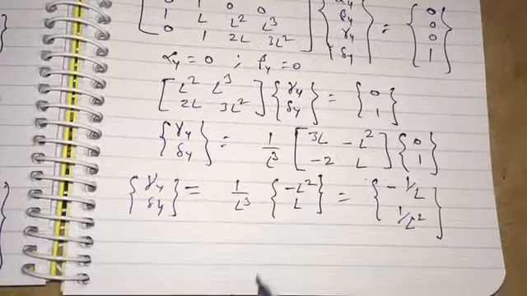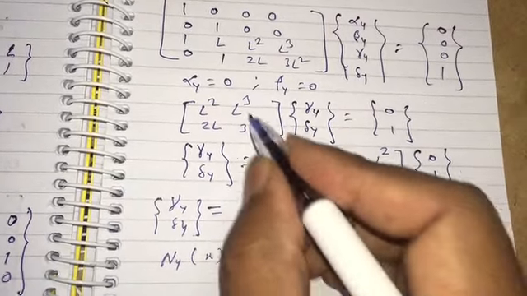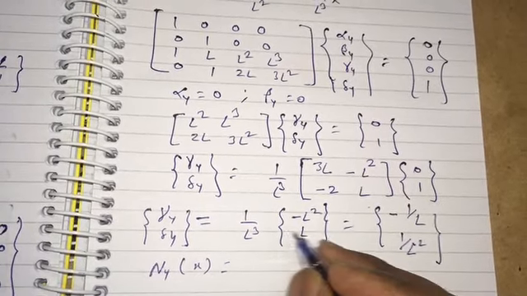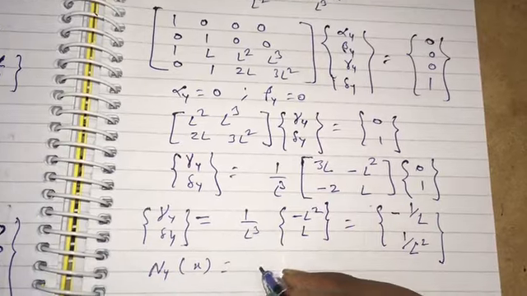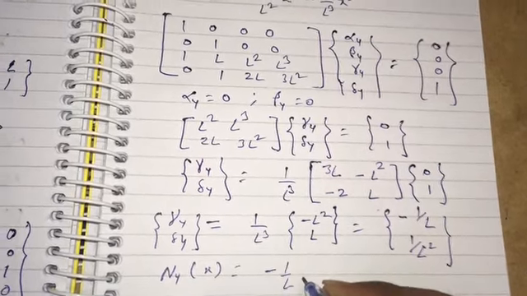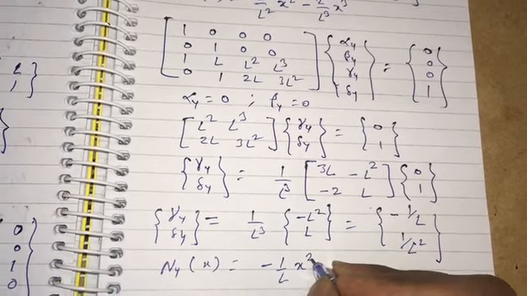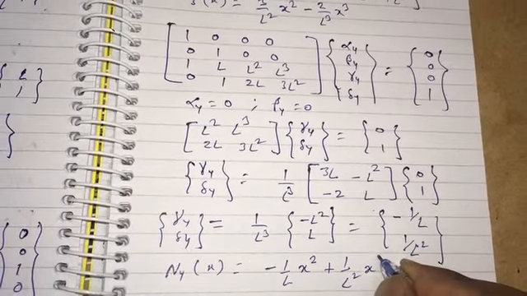So thus we get N4 as a function of x is equal to, we have alpha 4 and beta 4 equal to 0. So we will straight away start with gamma 4, which is minus 1 over L x square plus 1 over L square x cube.